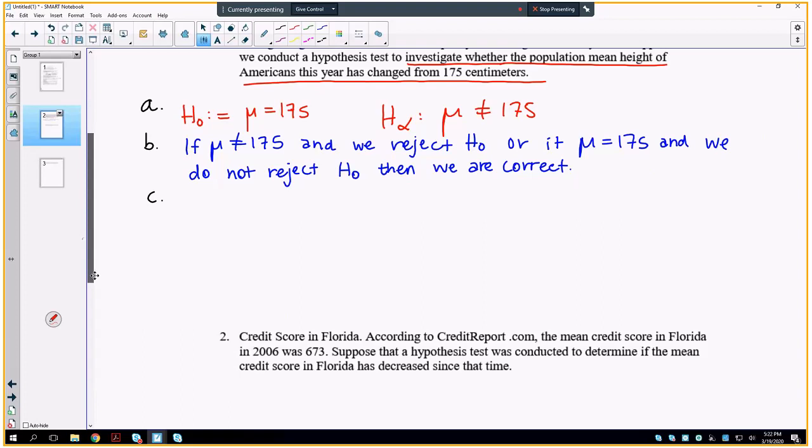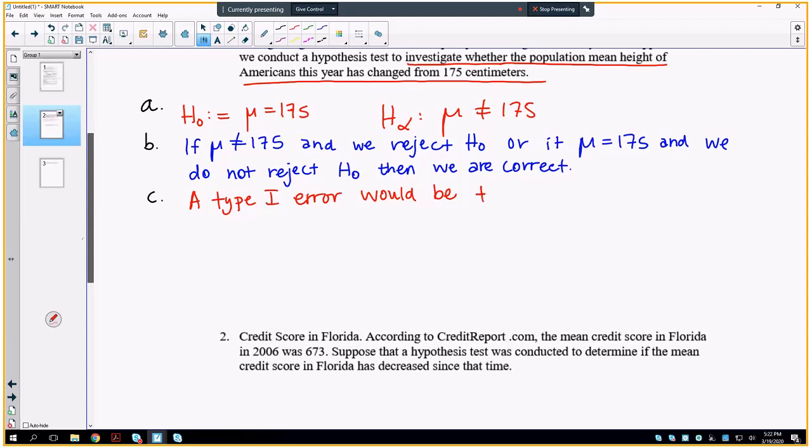So a type 1 error would be rejecting the null hypothesis even though it's true.